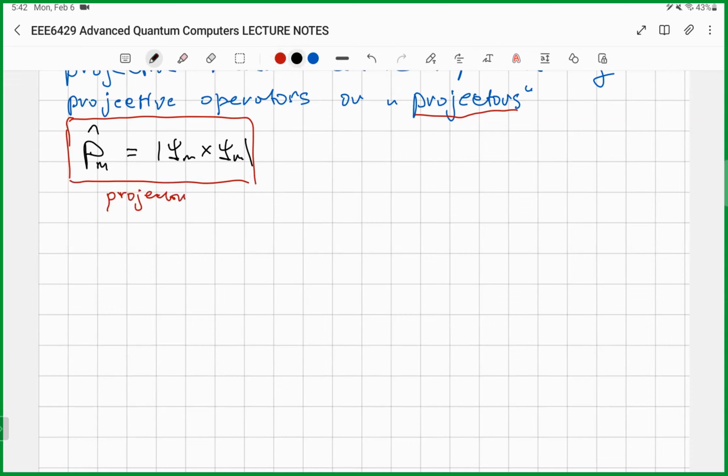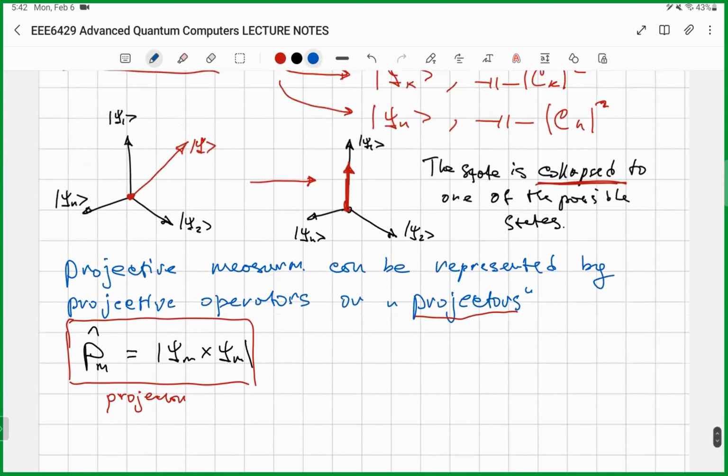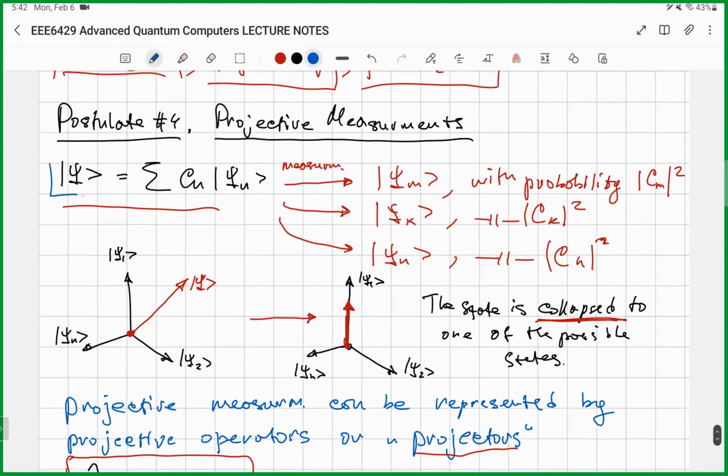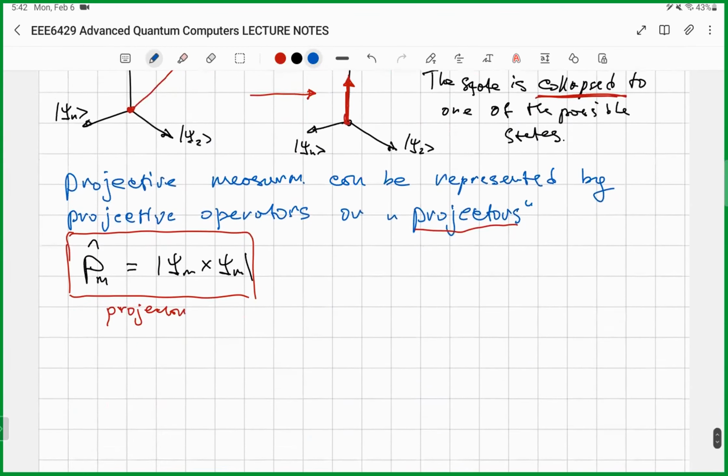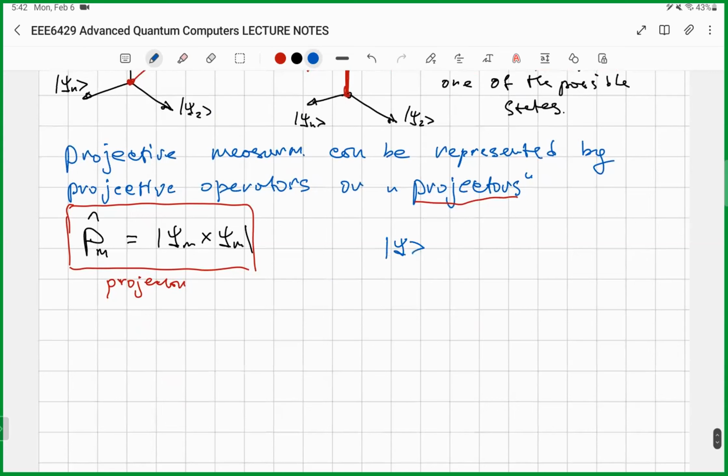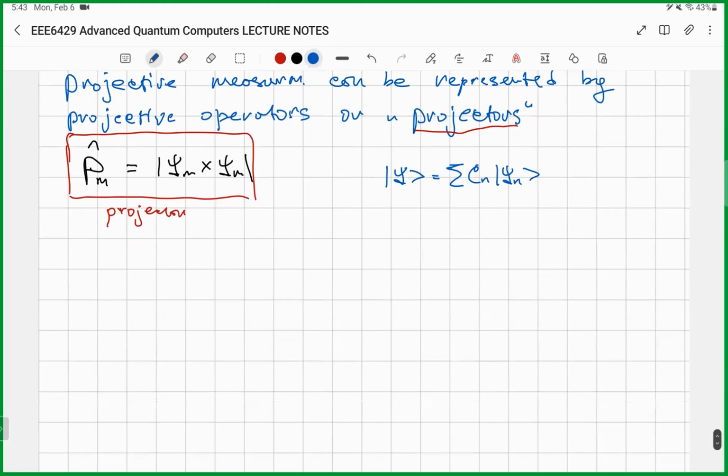How does it work? Let's consider this general state psi, and it consists of, of course, many states, right? This is the superposition of all possible states. And now I apply this projection operator onto this state psi.